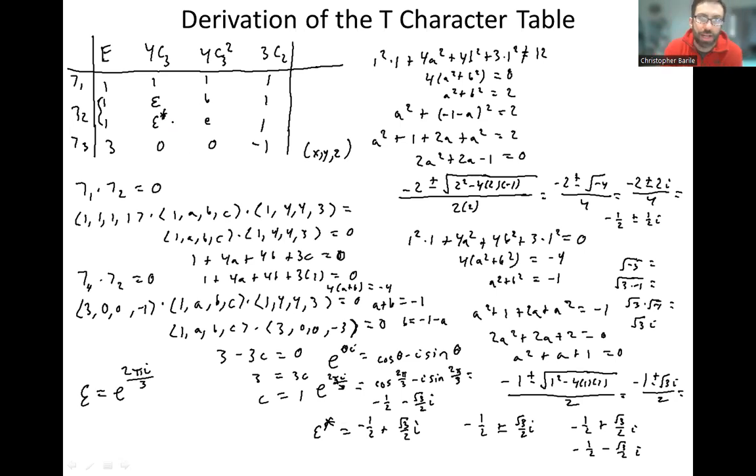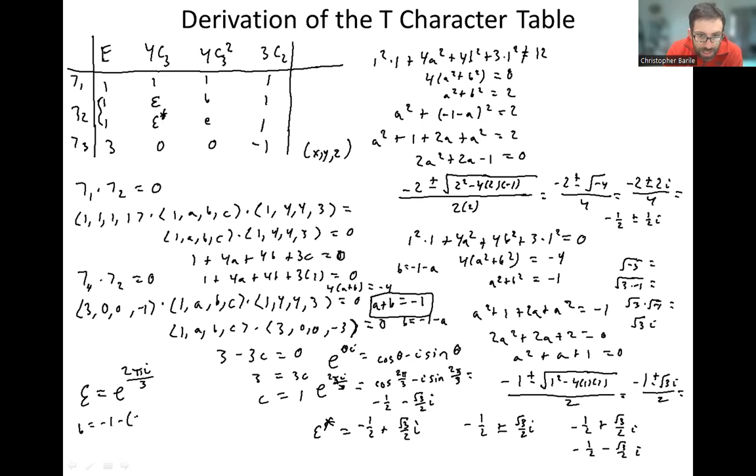All right, we're almost done. Now we just have to find B and E. And what we're going to do is just use this very simple formula here. A plus B has to equal negative 1. Well, we know then that B equals negative 1 minus A. And we know what A is. It's epsilon. So we just have to do negative 1 minus epsilon. Well, what is epsilon? It's right there.